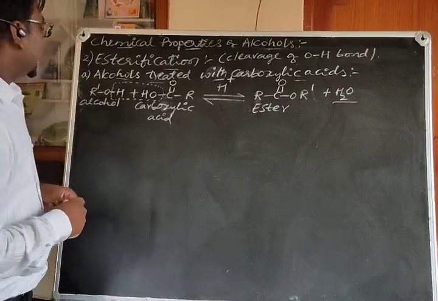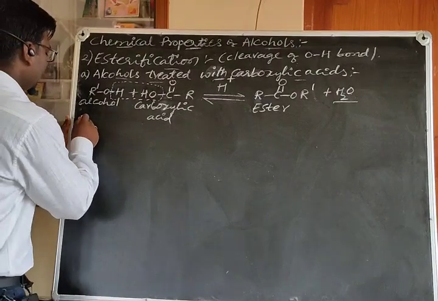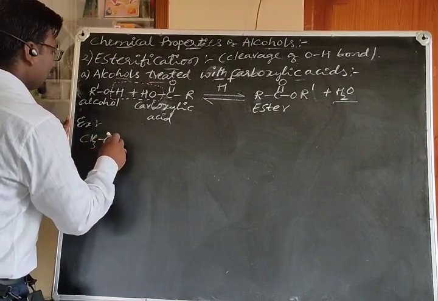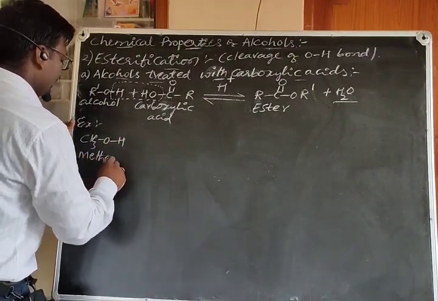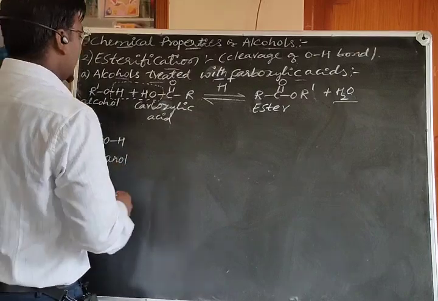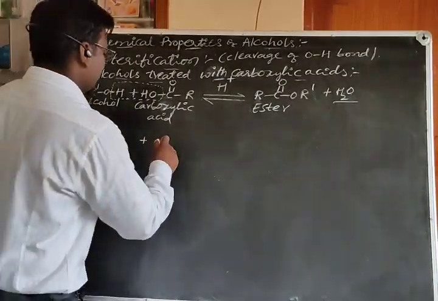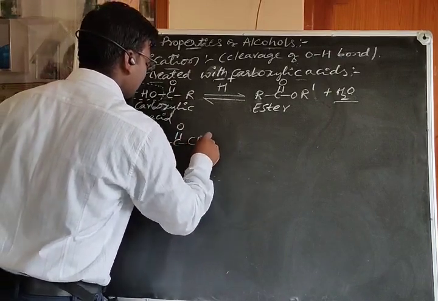Let's take a suitable example. For example, I am going to take CH3OH, which is methanol. It is treated with acetic acid, for example. Take acetic acid, that is CH3COOH.